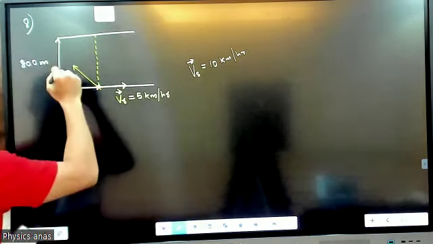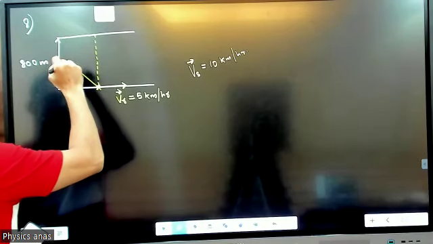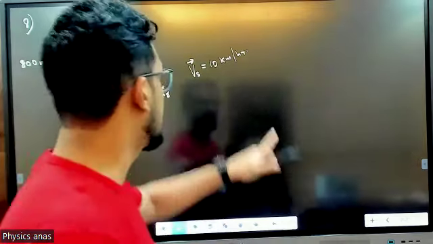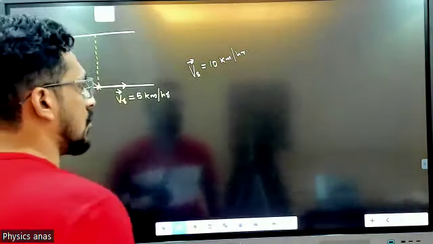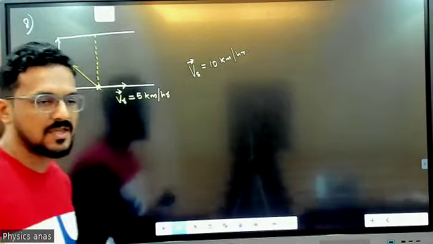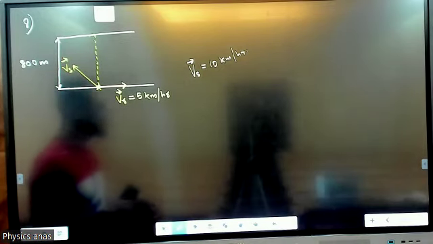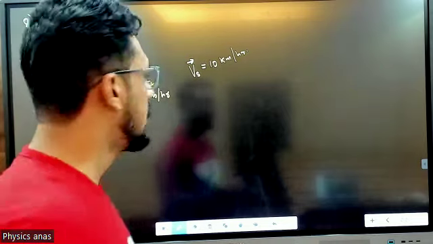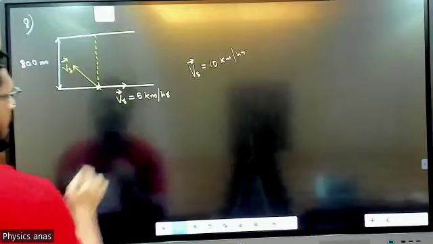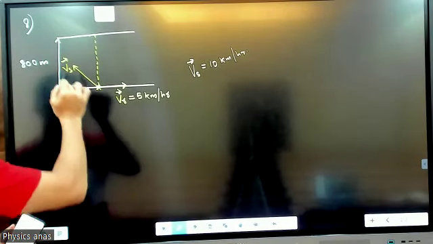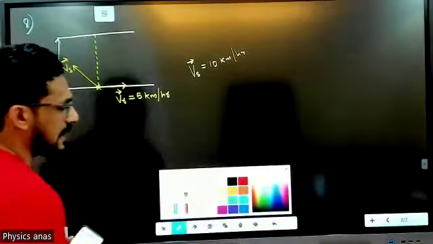So I can take that as Vs, vector Vs, and its magnitude is 10 kilometers per hour. Vector Vs is the velocity of swimmer. You got it? These are the two vectors you have, Vr and Vs. And you should understand something.